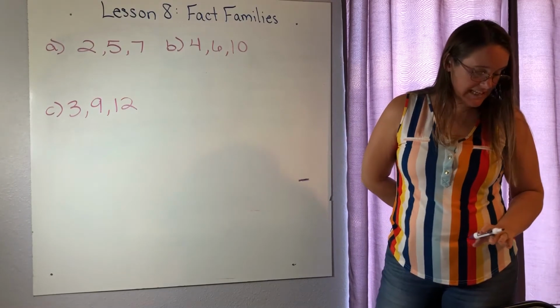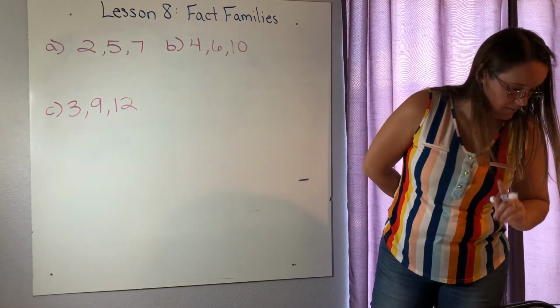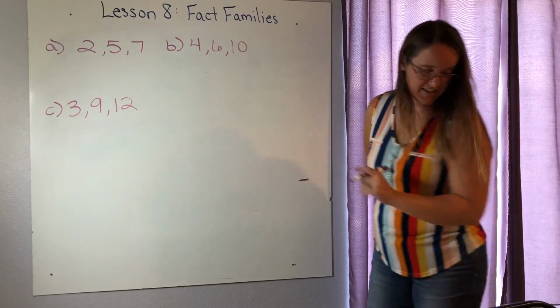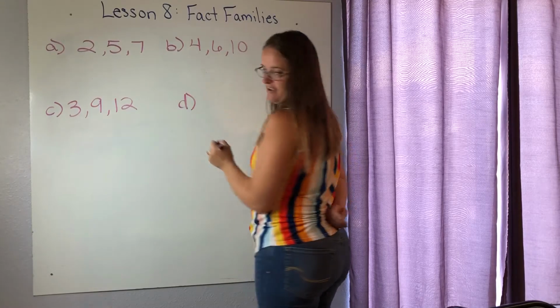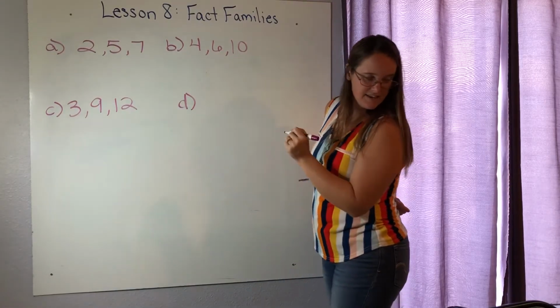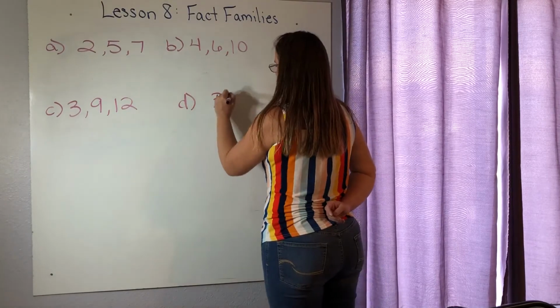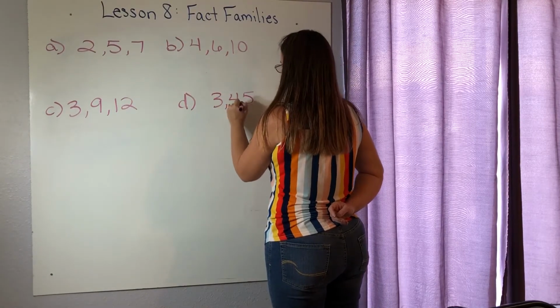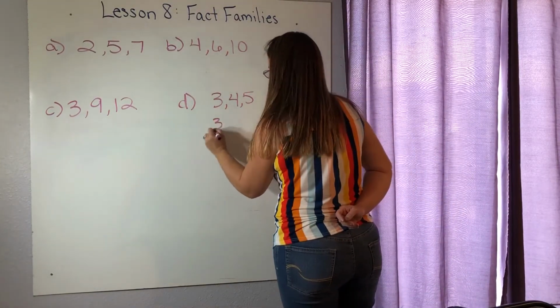And problem D says which of these sets of numbers can be used to make an addition and subtraction fact family. So for D, you're going to have 3 sets of numbers again. We've got 3, 4, and 5. We've got 3, 6, and 9.